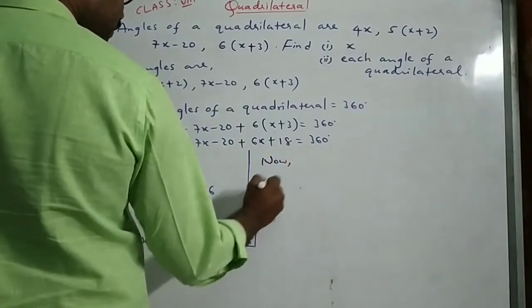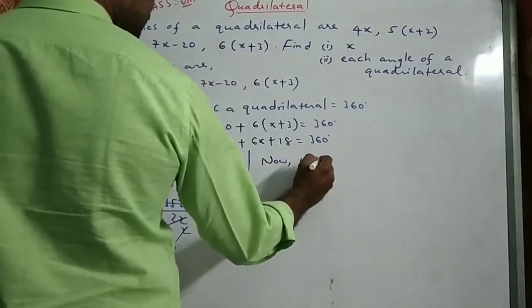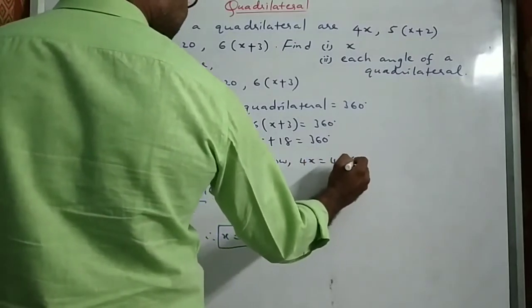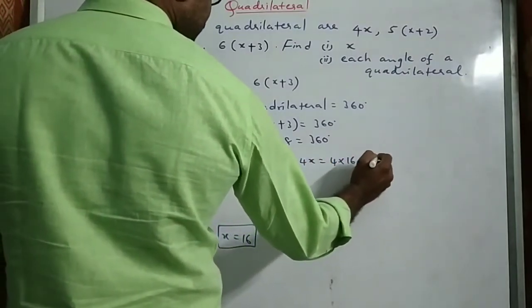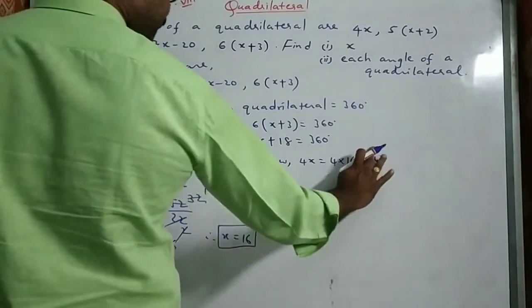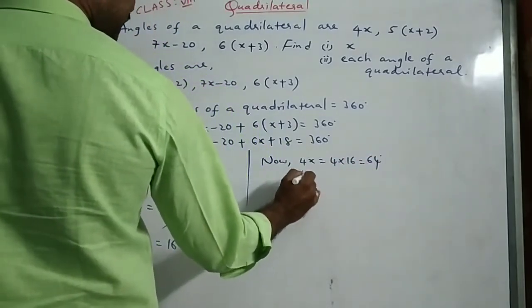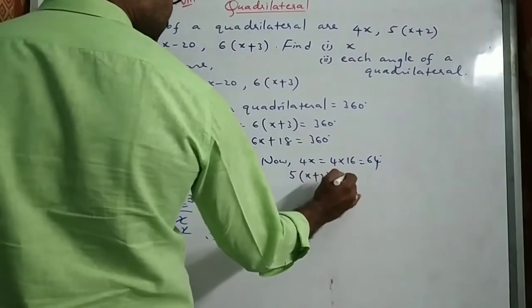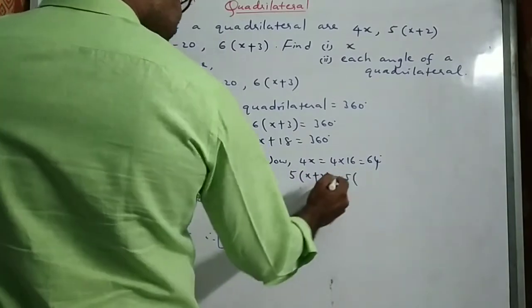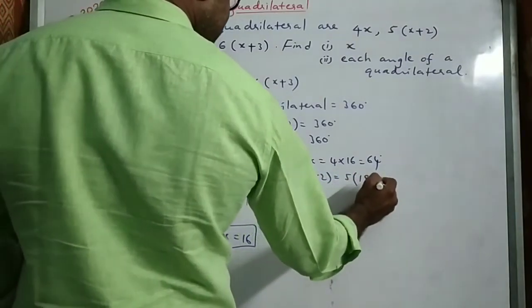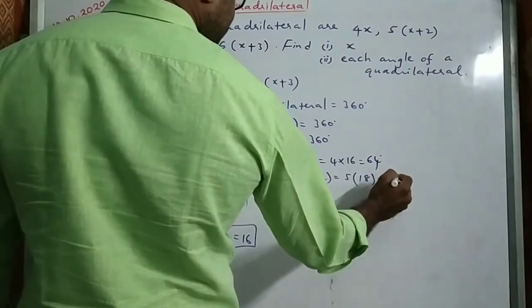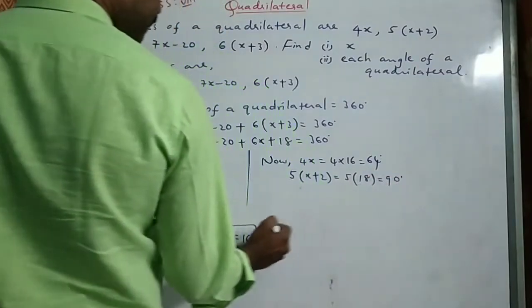Now first one is 4x, 4 into 16, 64 degrees, first angle. Second angle is 5 of x plus 2. 5 of x value 16 plus 2, 18. 5 8s are 40, 90.